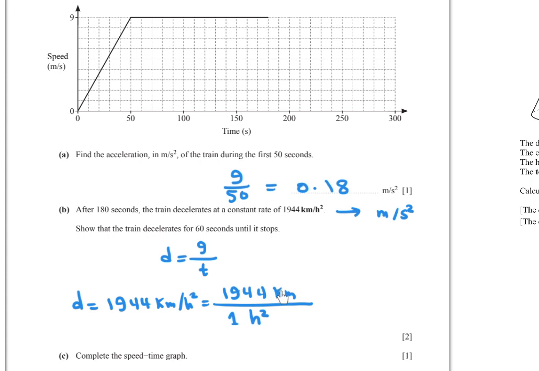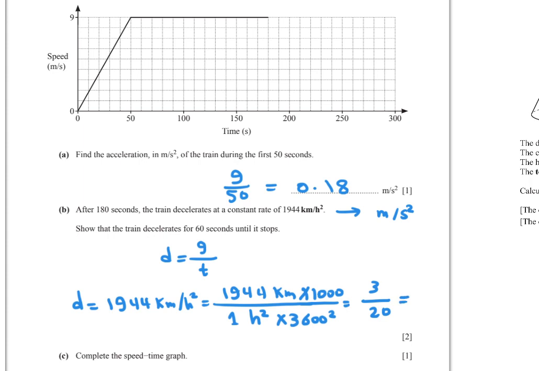Now to convert from kilometers to meters, multiply the numerator by 1000. And to convert hour squared to second squared, to convert hour to second, multiply by 3600. But to convert hour squared to second squared, multiply by 3600 squared. Now with your calculator, find the answer. The answer equals 3 over 20 as a fraction in simplest form.